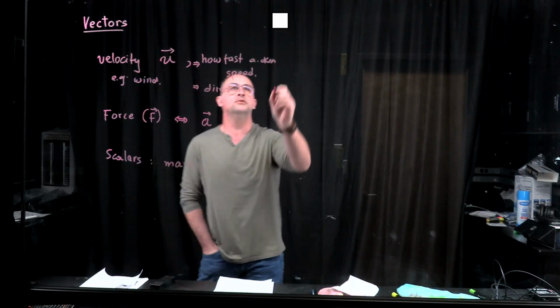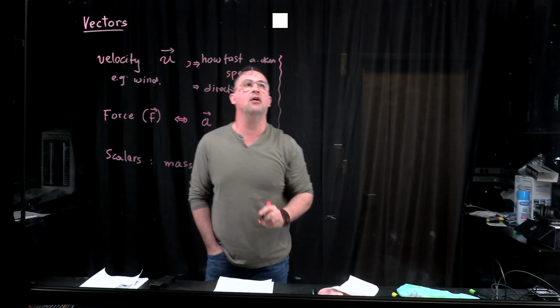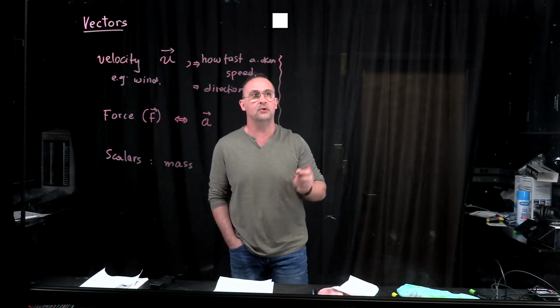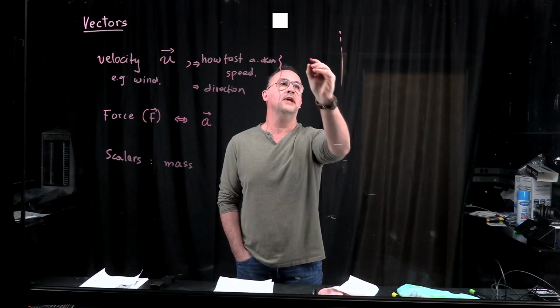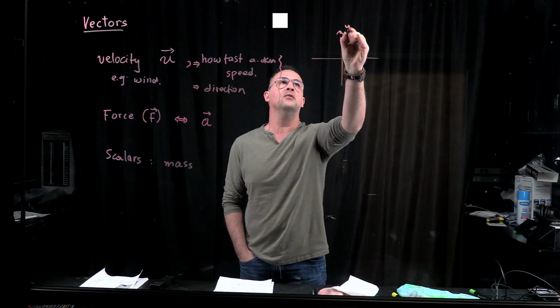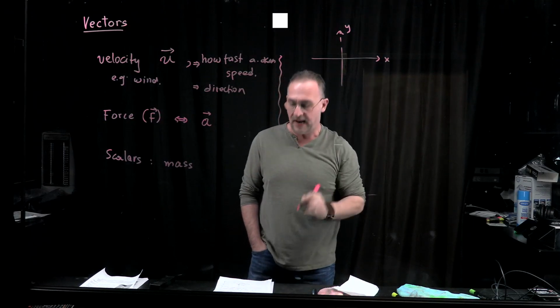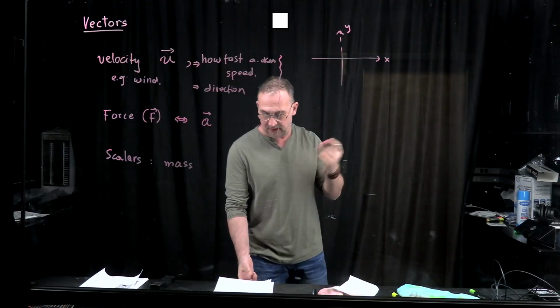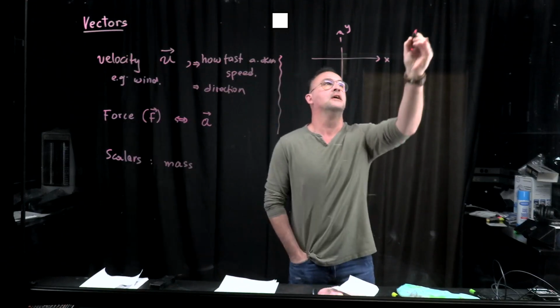So we're going to discuss vectors primarily on a Cartesian set of coordinates. In other words, our usual x-y axes. This is my y, this is my x-axis, and let's define a preliminary vector that we're going to call, say, c.